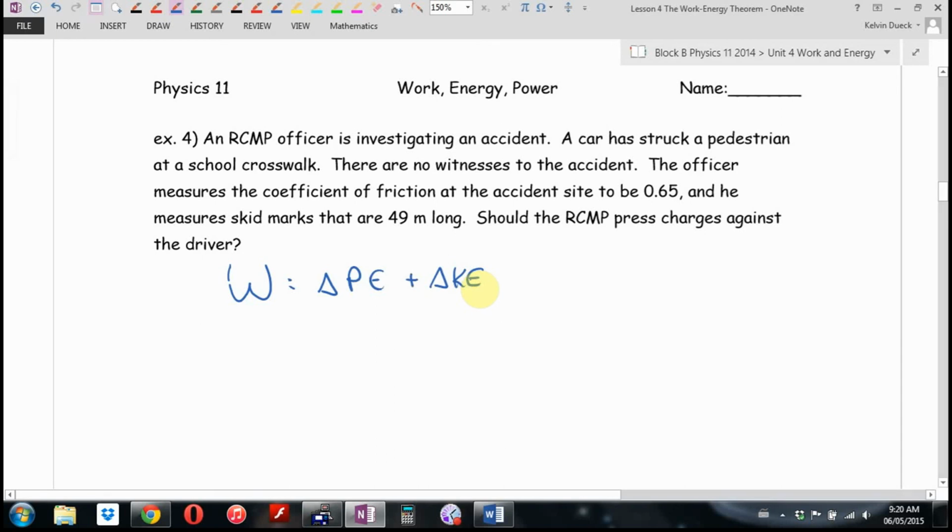Does this question mention there's a hill at all? No. By the way, if there was a hill, all we would do is calculate what the change in height was, and we could certainly include it in the equation. So if the school zone was on a hill, it's really not that much more difficult, because energy is a scalar.